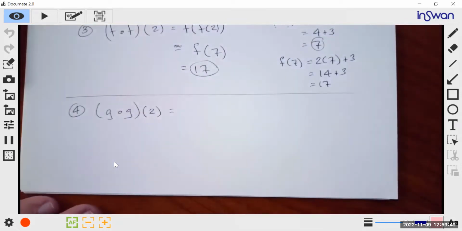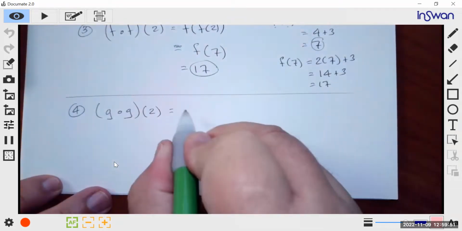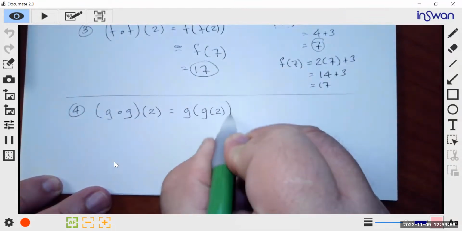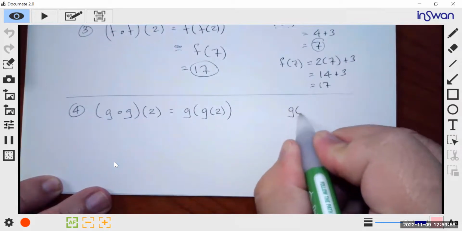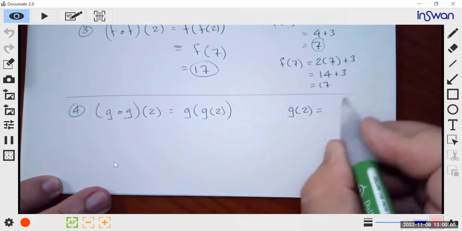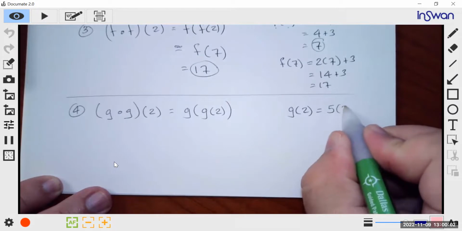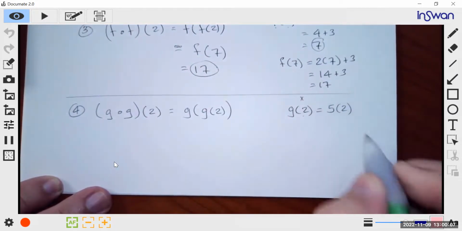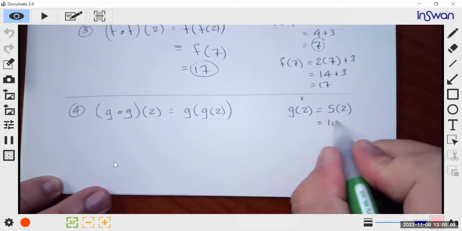And lastly, g of g, g of 2. In place of x, I put a 2. 5 times 2 is 10.